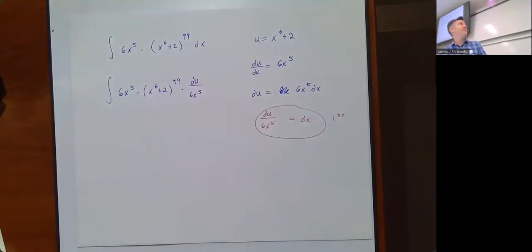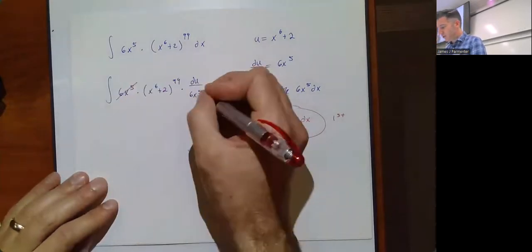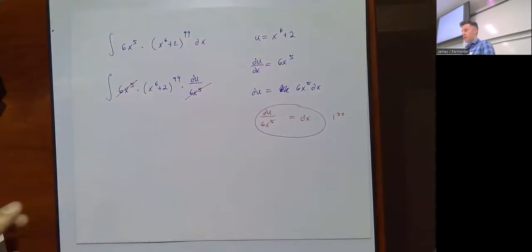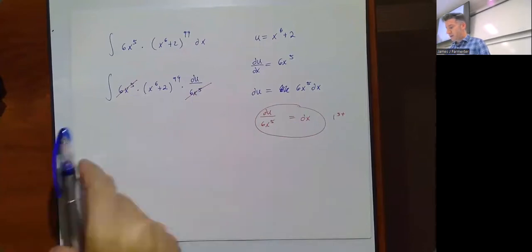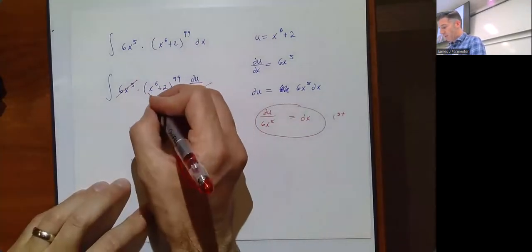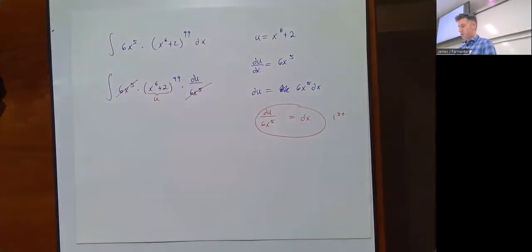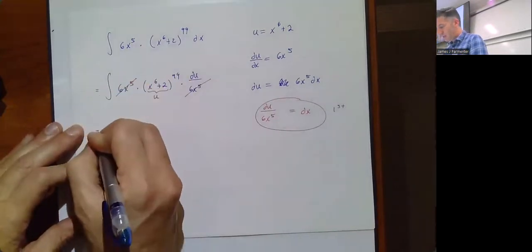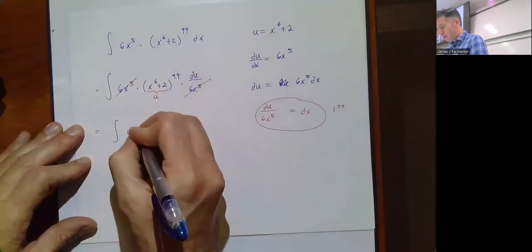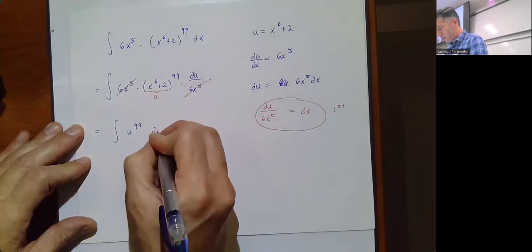And the reason for writing that is because then I can cancel stuff. I can cancel this with that. And then I can replace the remaining x to the 6 plus 2 with, well, that's u. So you can say, oh, well, that's going to equal the integral of u to the 99th power du.